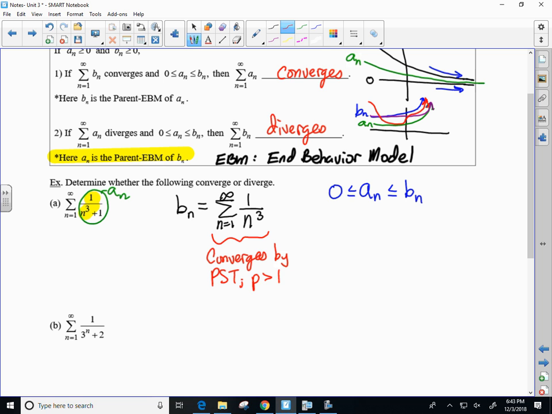So, if b sub n is bigger than a sub n, and b sub n converges, this is that first diagram. A sub n would necessarily have to converge. All right? So, therefore, the sum from 1 to infinity of 1 over n cubed plus 1 converges by the direct comparison test.